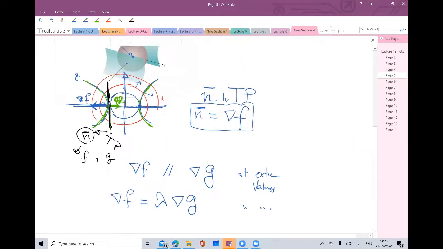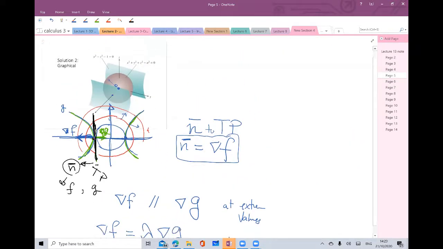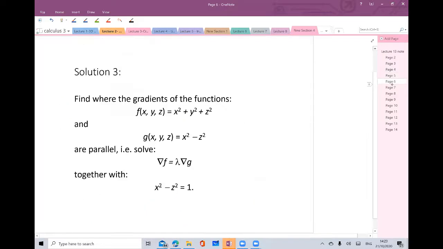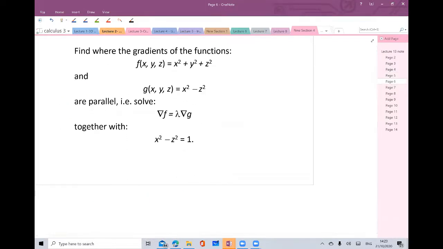So from the graphical solution, I observed that the gradient of the function f and of g, the surface on which I want my points, are parallel. So all I have to do is solve this vector equation: the gradient of f is a scalar multiple of the gradient of g, and I'll call my scalar lambda.